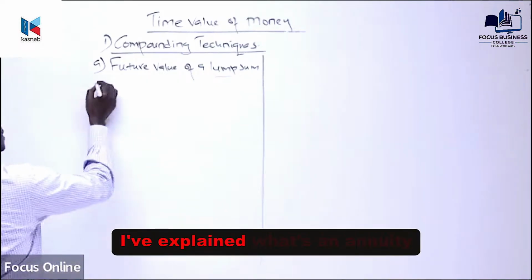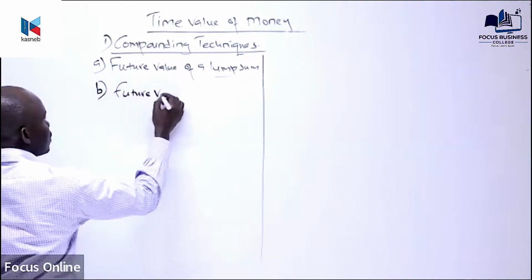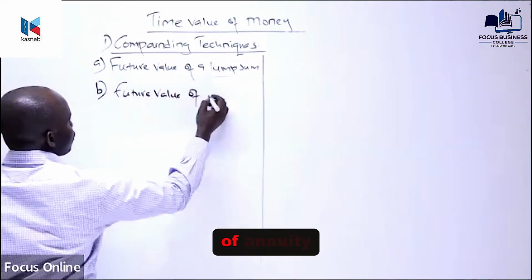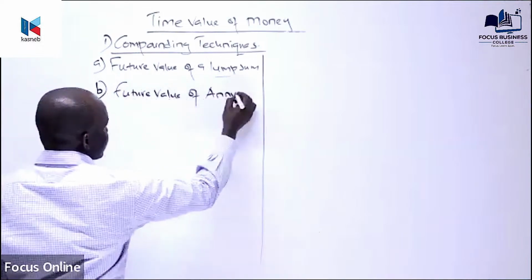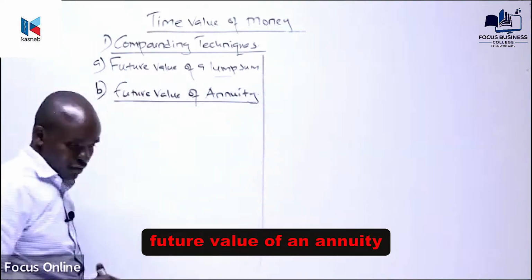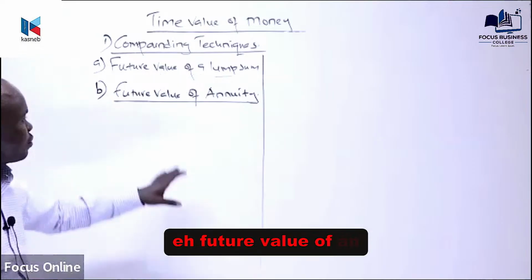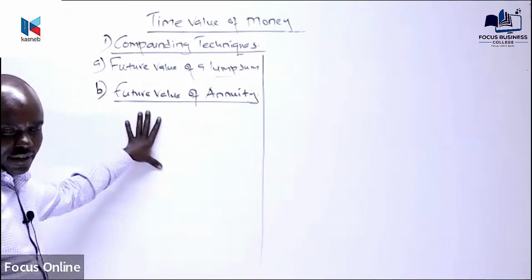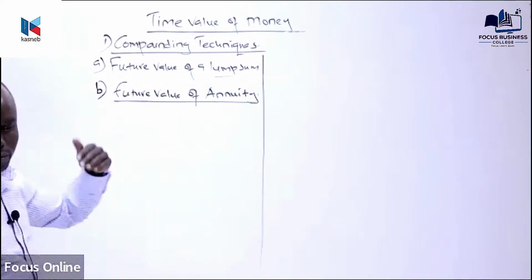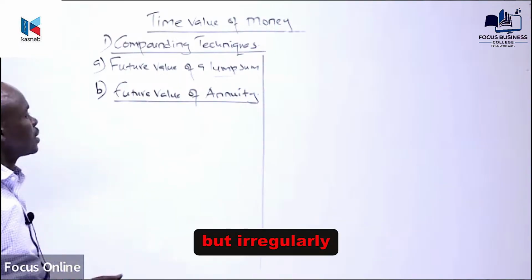I've explained what an annuity is. A future value of an annuity, just like we've said, you get the annuity. It's an annuity when the amount occurs repetitively, but regularly.